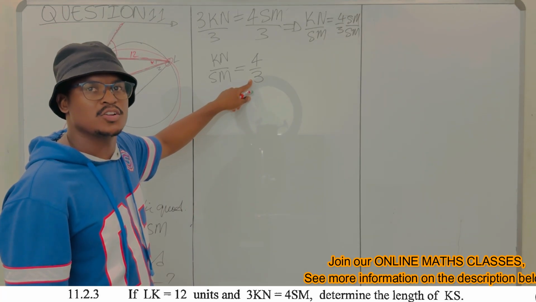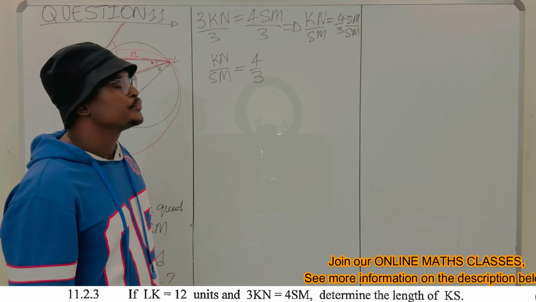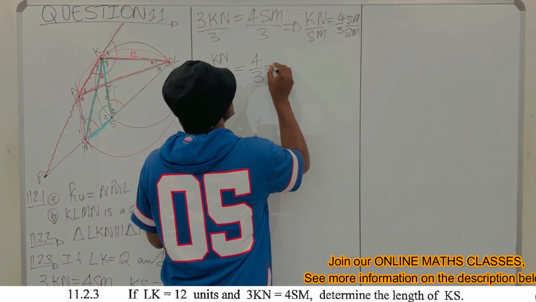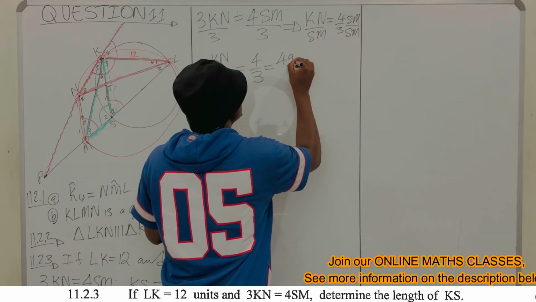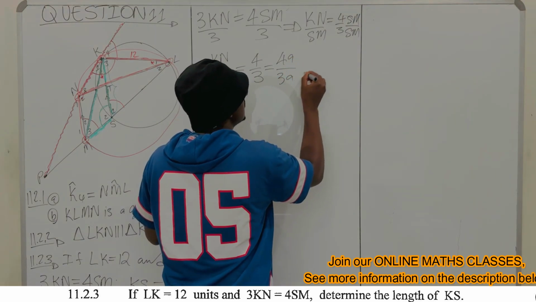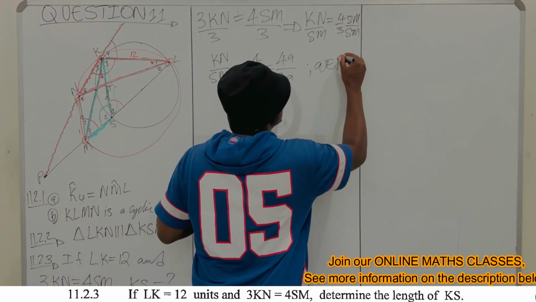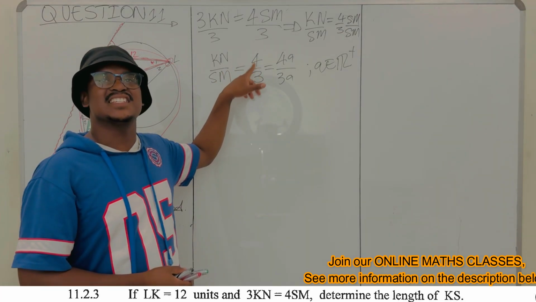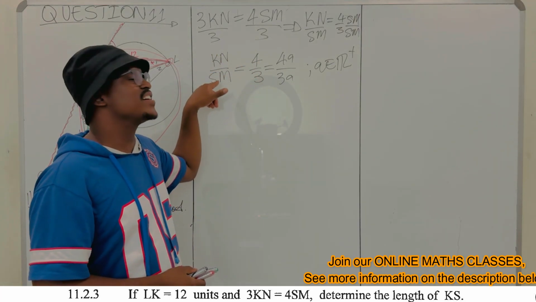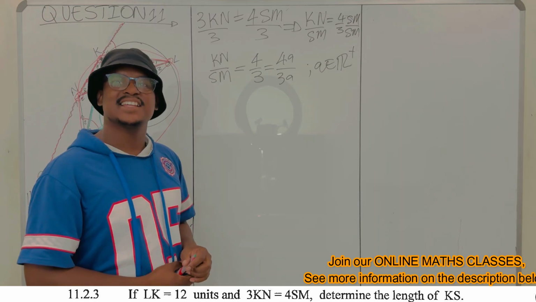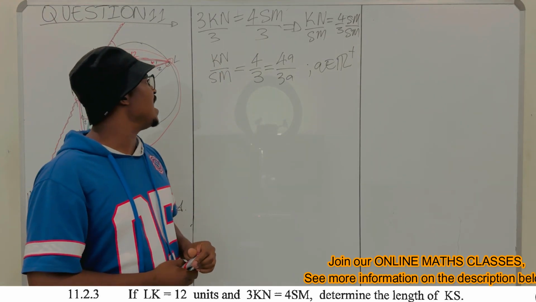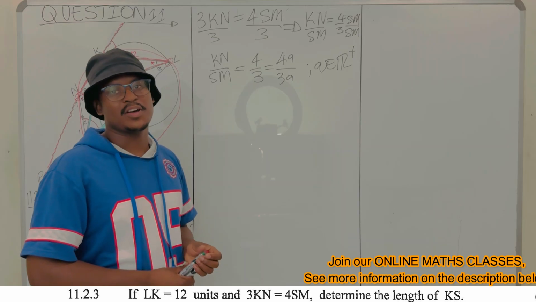That's what I mean when I say not in general. The nicer way of thinking of it is 4a over 3a, where a is a positive real number. So you can think of this as the simplest form of whatever the lengths of KN and SM were. This is the simplest possible ratio of the length of KN to that of SM.